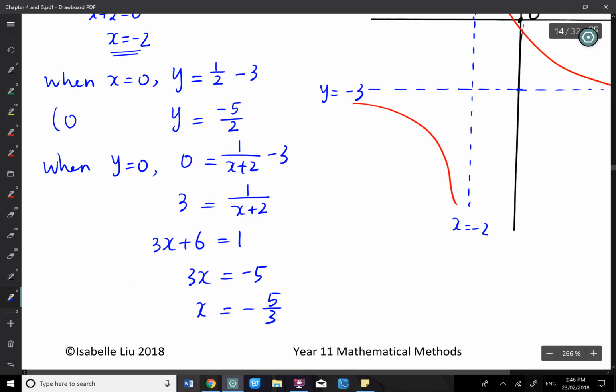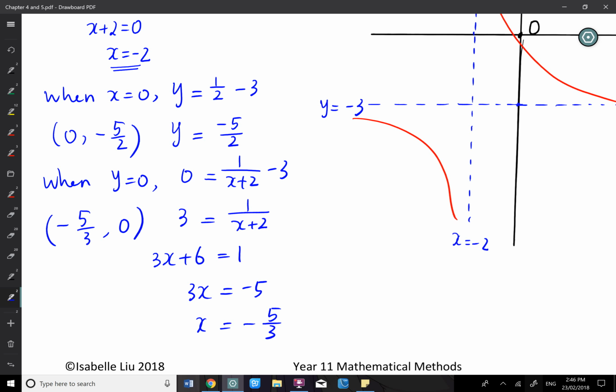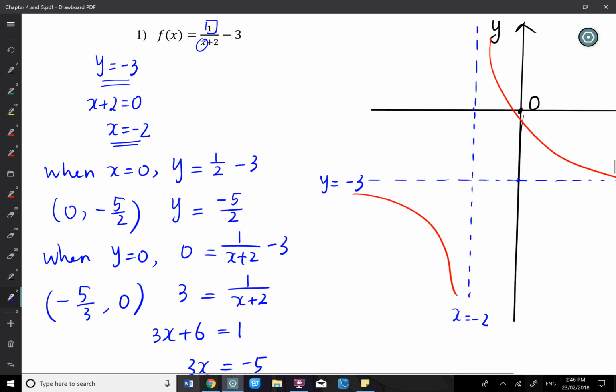So the points are (0, -5/2) and (-5/3, 0). Just as with linear graphs, we solve for the XY intercepts. Then we put those on.